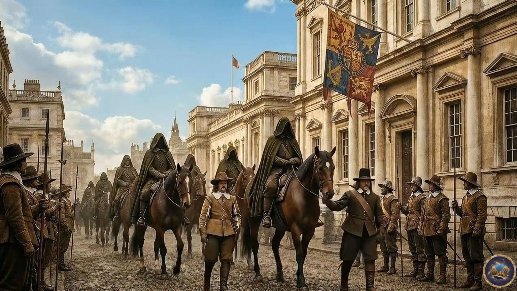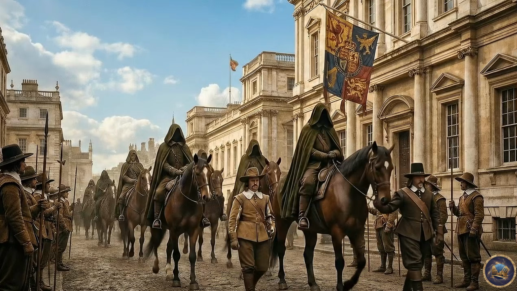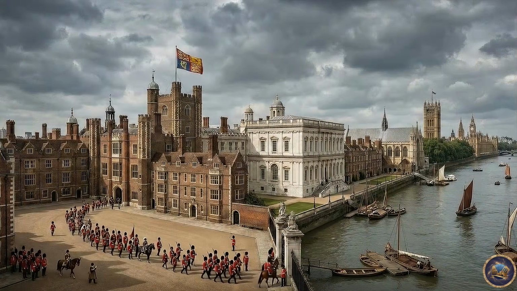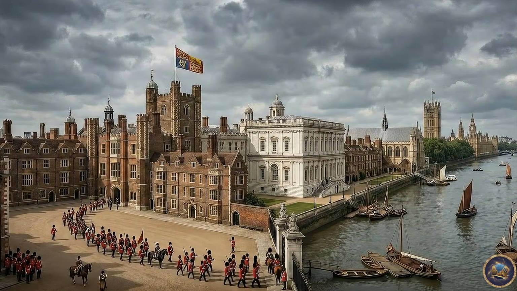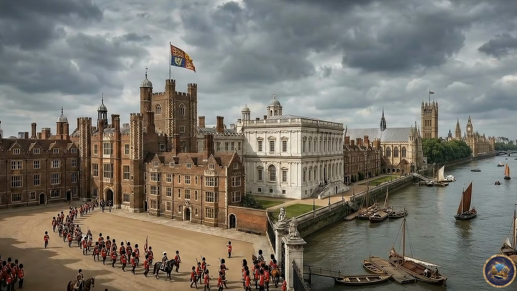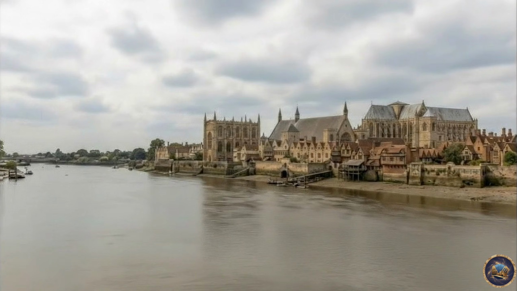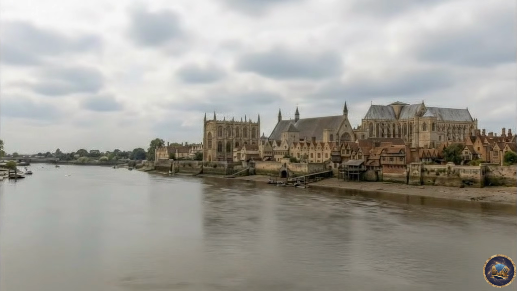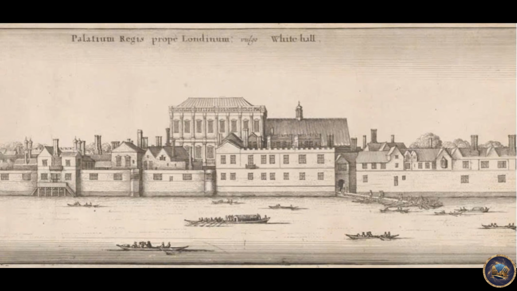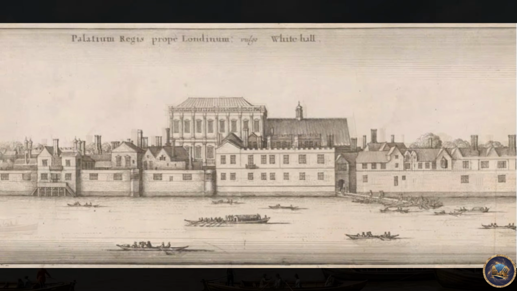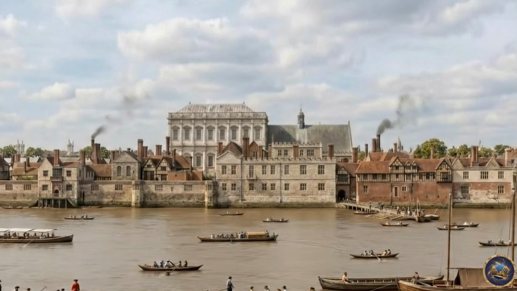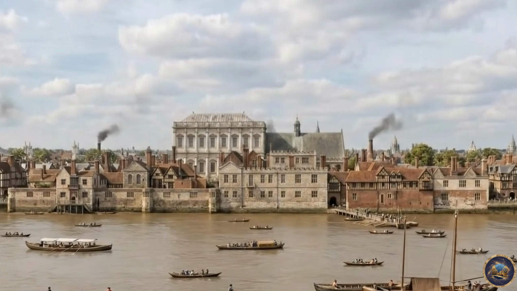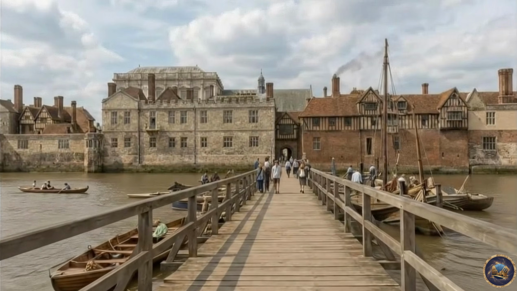Stretching along the Thames, Whitehall was not a single palace, but a vast complex of halls, chambers, and administrative buildings where royal government was conducted. Most of Whitehall was destroyed by fire at the end of the 17th century, and today only the Banqueting House survives, standing as the last remnant of what was once the center of royal life.